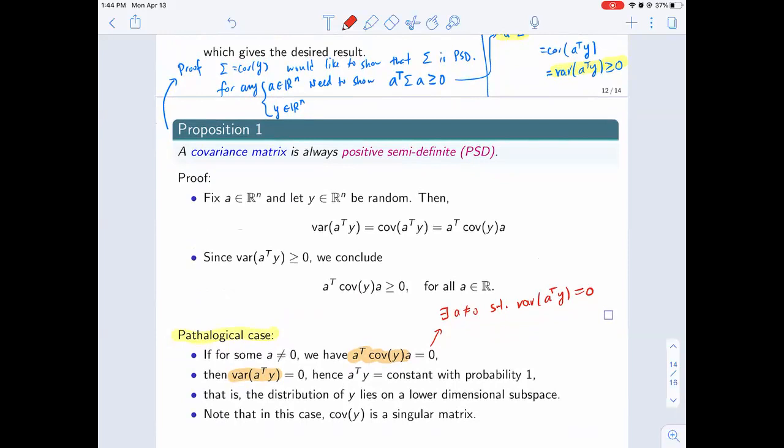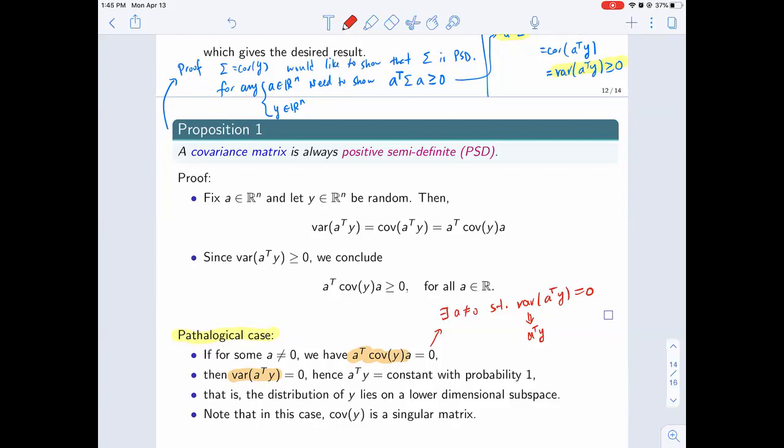And then you can verify that this means that A transpose Y, anyone knows what happens if a random variable has 0 variance? What can we say about that random variable? Anyone? Yes, constant.